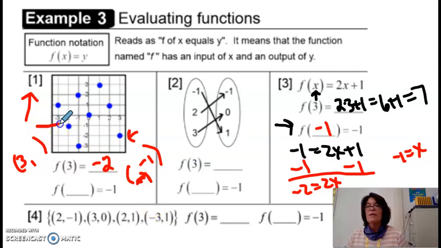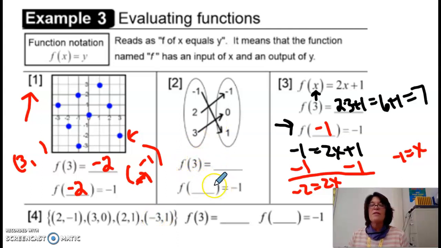So now I'm going to look at y being -1, and I notice it's right here. It looks like y is -1 whenever x is -2. Right, isn't the point -2, -1? There, okay, so -2, -1 is the answer for that.